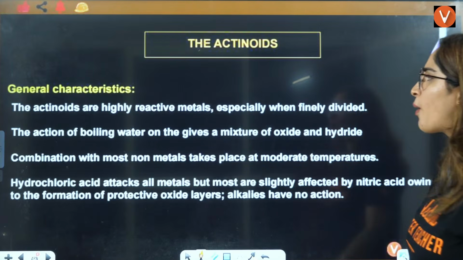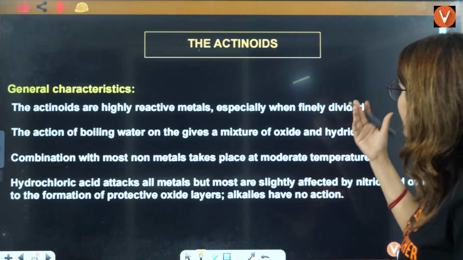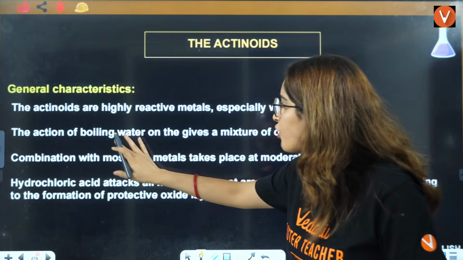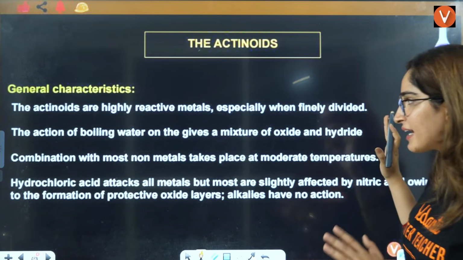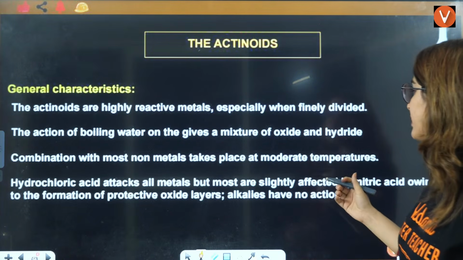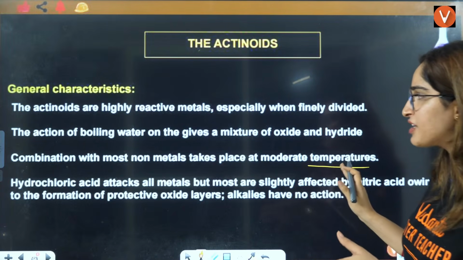These are some of the properties. They are highly reactive and radioactive. The action of boiling water gives a mixture of oxide and hydride. Combination with most non-metals takes place at moderate temperature.